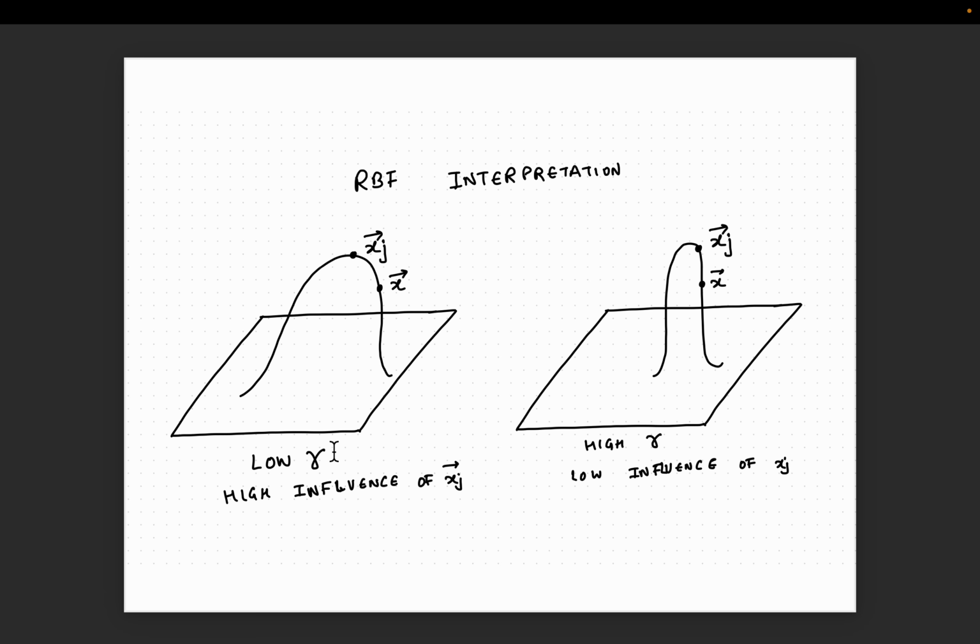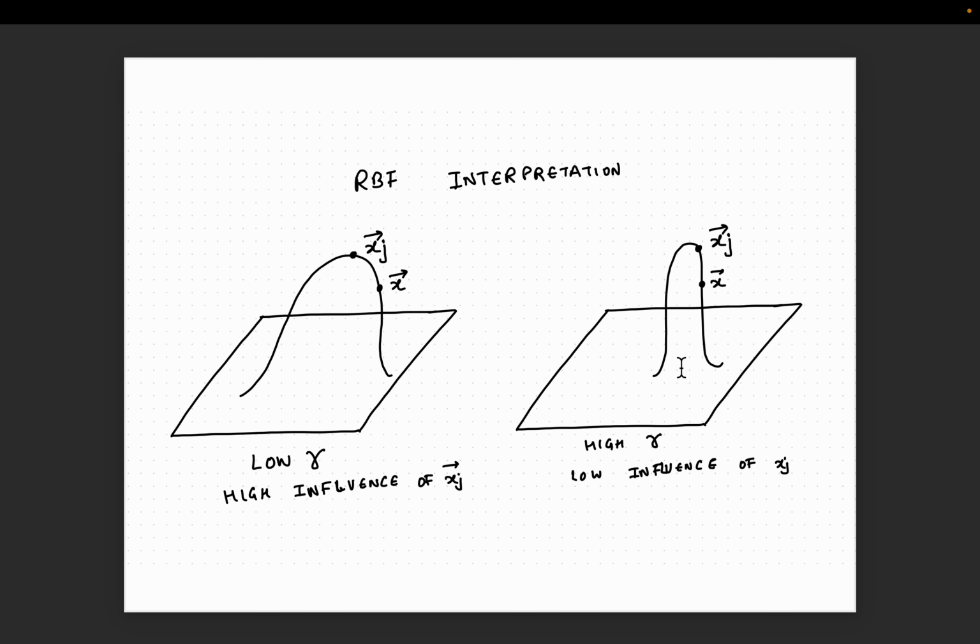If the value of gamma is low, then in the contour map which we are plotting, even if x and xj are far, the kernel will evaluate to a high number. And if the gamma value is very high, then only if x and xj are very close will the kernel evaluate to a high number. Otherwise, the kernel will evaluate to almost 0.